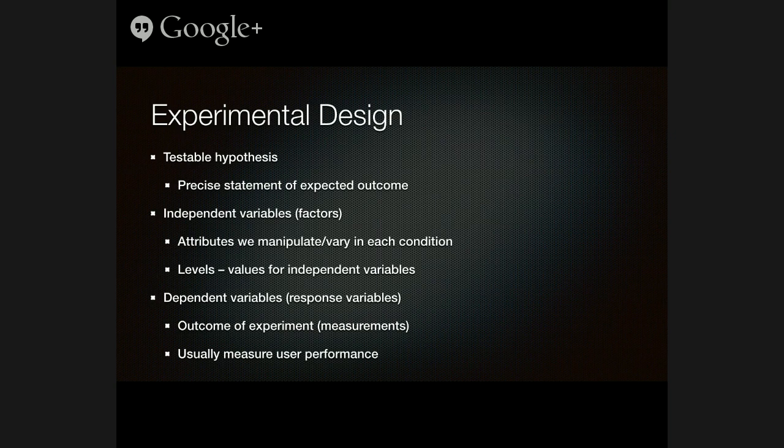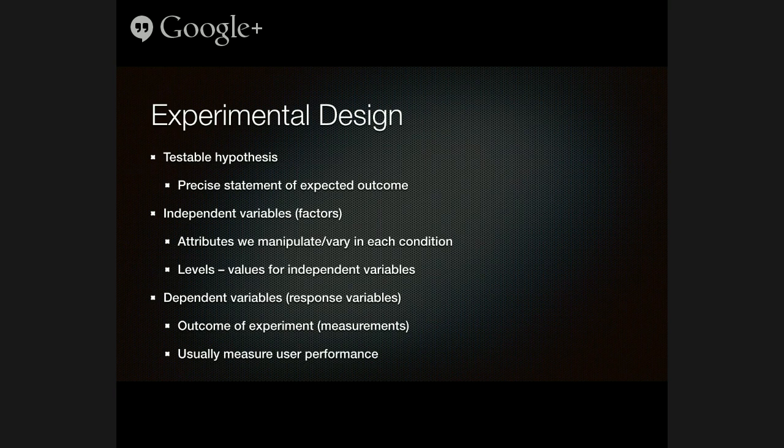Independent variables, or what are often in the social psych world called factors, are the attributes that we are manipulating, what we're varying in each condition of an experiment. And then the levels are the range of independent values. So as an example, say my hypothesis is warmer temperatures in this room lead to more sleepy students.